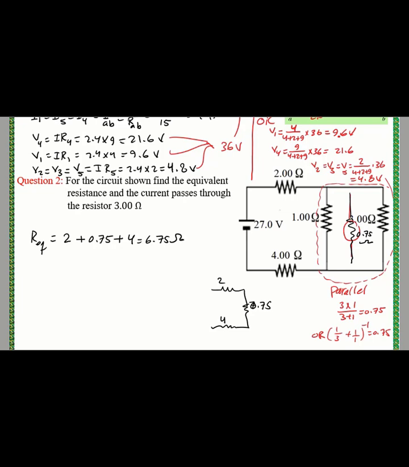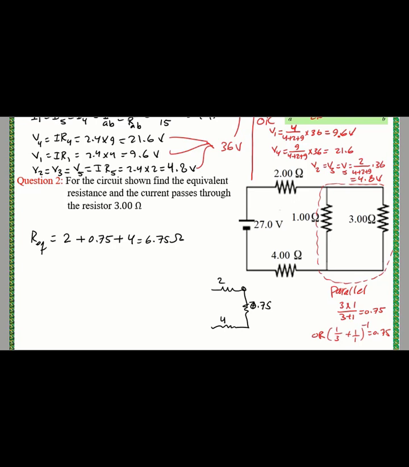So 6.75 ohms. This is the equivalent. And the current that passes through the 3 ohm, we need the current in the 3 ohms here in the back.